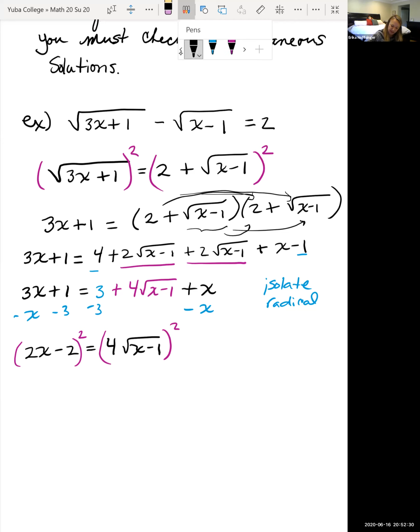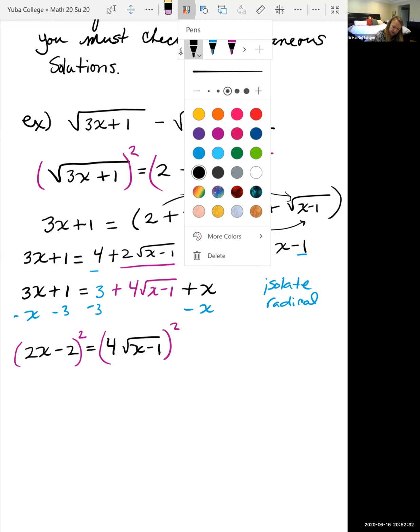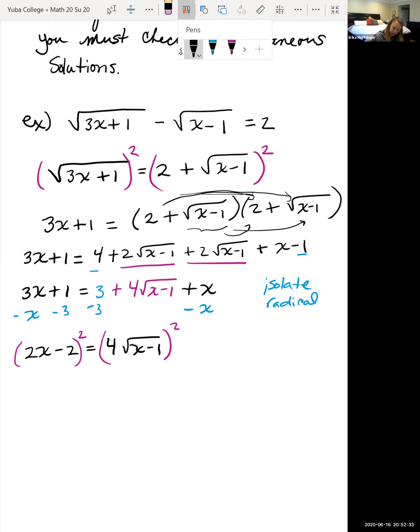So this gives me, again, I'm going to have to FOIL this out. 2x minus 2 times 2x minus 2 is equal to 4 squared, which is 16, all times square root of x minus 1 squared, which is x minus 1.